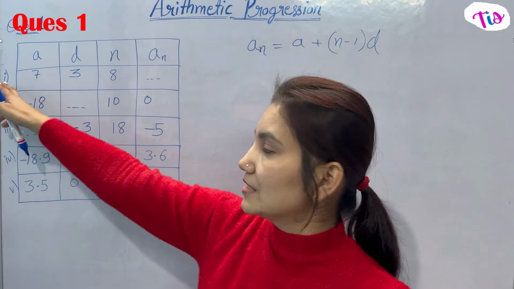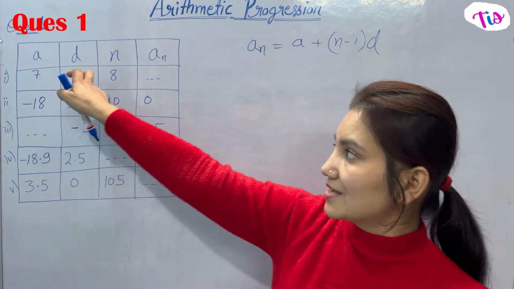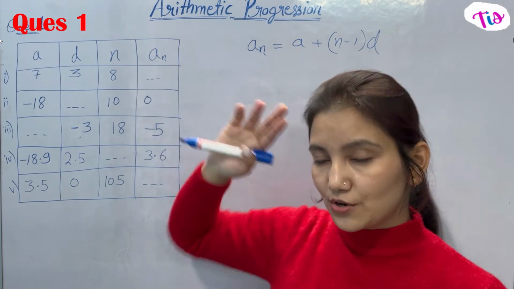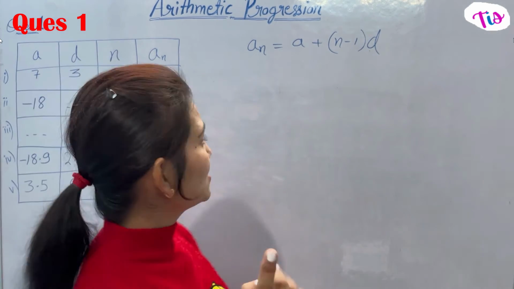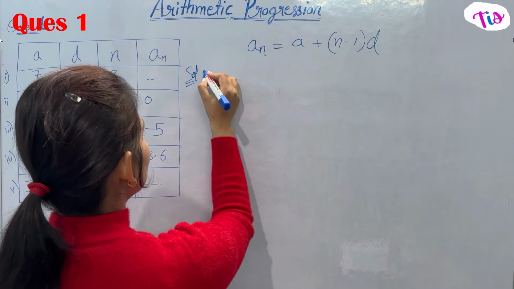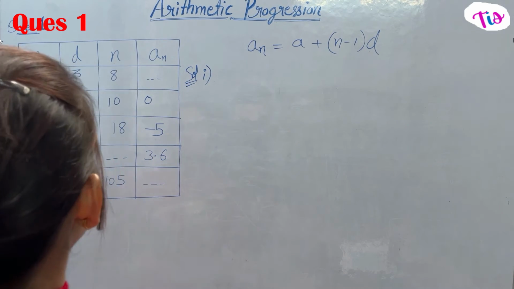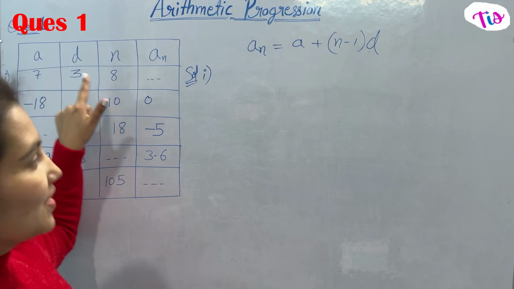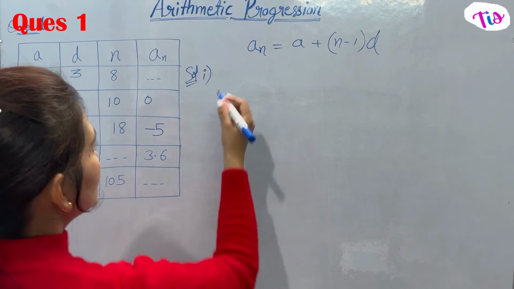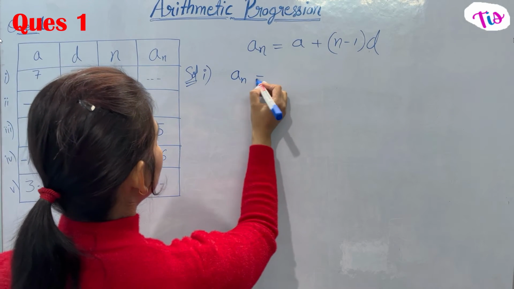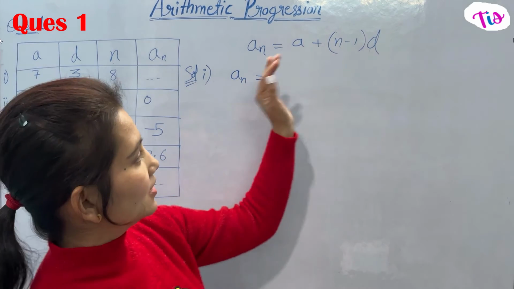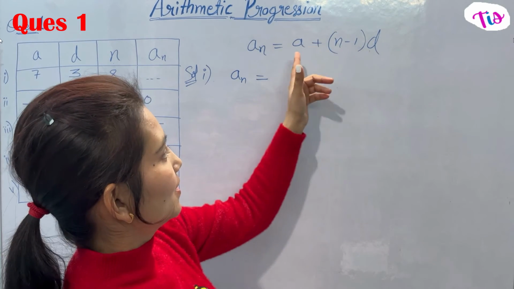As you can see, in the first subpart, a is given, d is given, n is given, and you need to find out the nth term, that is an. Let's solve this. So an here would be a plus n minus 1 d, the formula for the nth term of an AP.